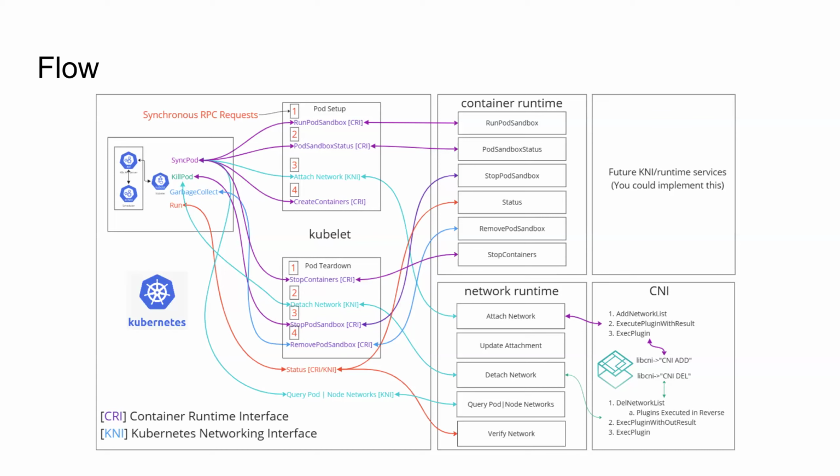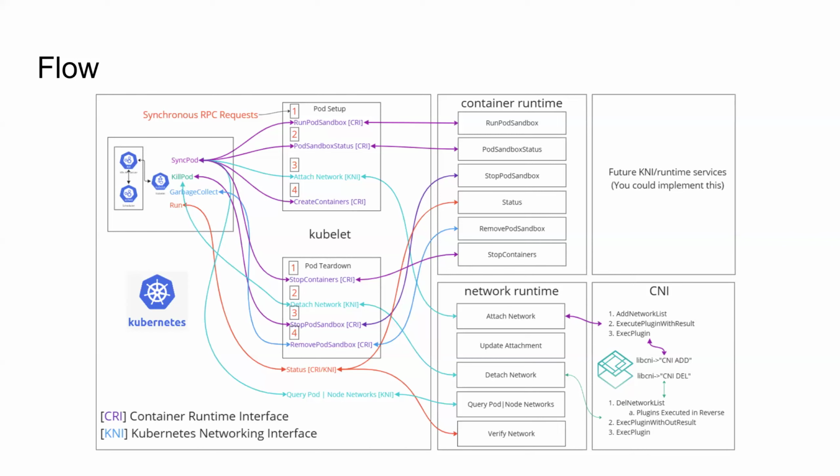And then the next piece of the puzzle here is that once that successfully completes, none of this is asynchronous, so you can't just call attach network without RunPod Sandbox finishing. Pod sandbox status, which traditionally would return IP addresses, returns the network namespace path. And then the next one after that successfully completes is the attach network, which goes to the network runtime.